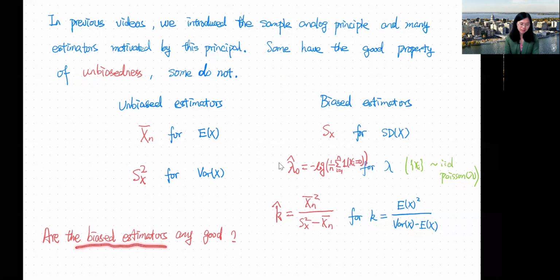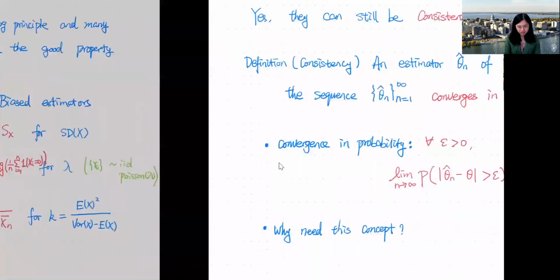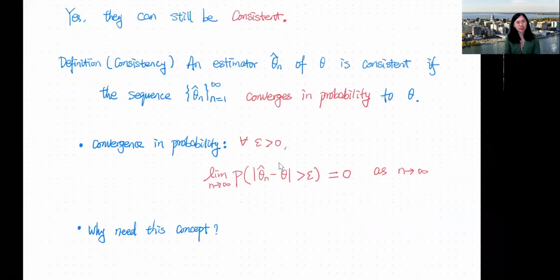Are these estimators still any good? Can we still justify using them even though they are not unbiased? The answer, fortunately, is yes. I say fortunately because for many parameters, there are no unbiased estimators.